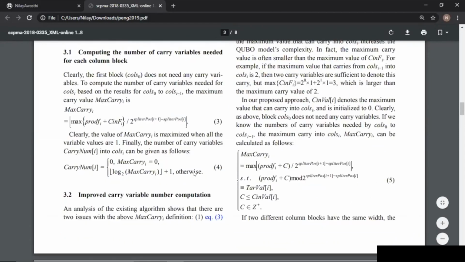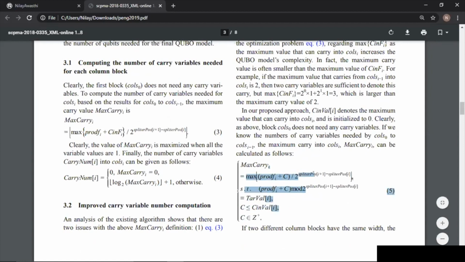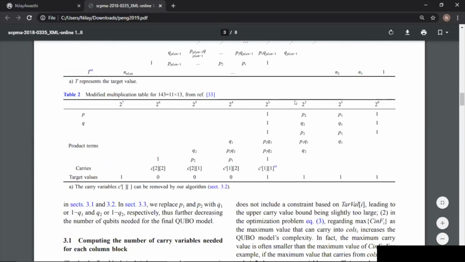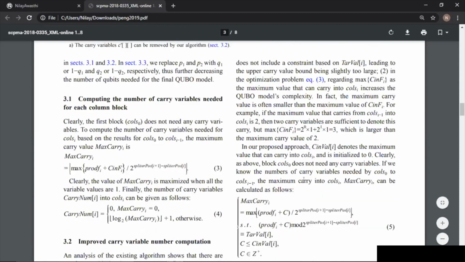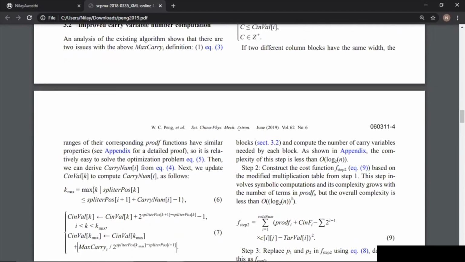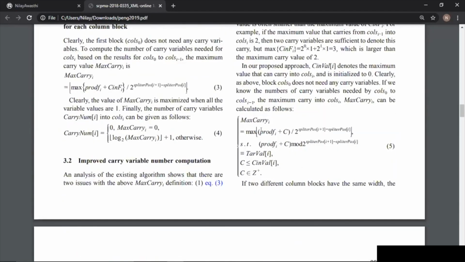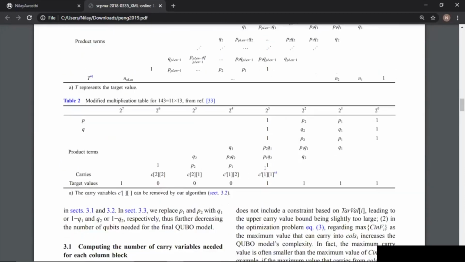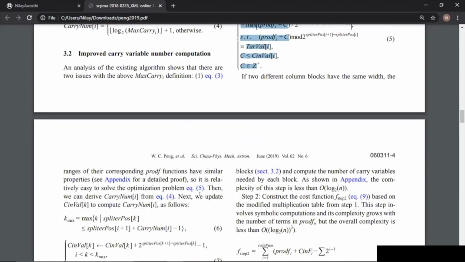Supposedly 2 power 1 and 2 power 2 are grouped together, and 2 power 3 and 2 power 4 are grouped together. If they have the same number of bits, then there is a relationship between the product f function for this group and for that group, so we can deduce a relationship between them.